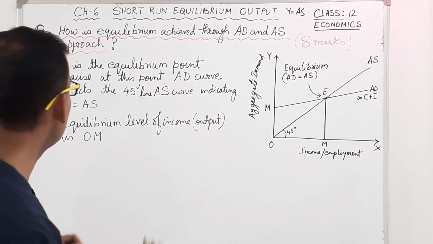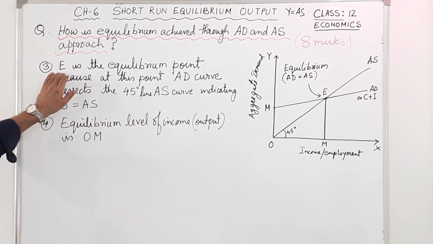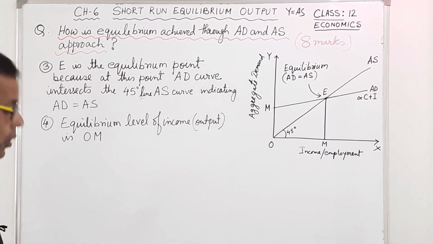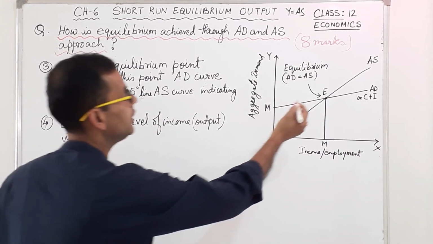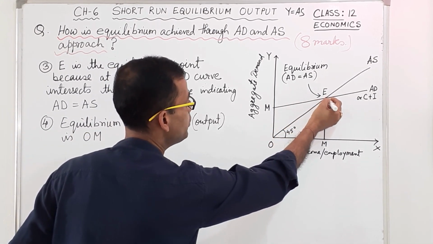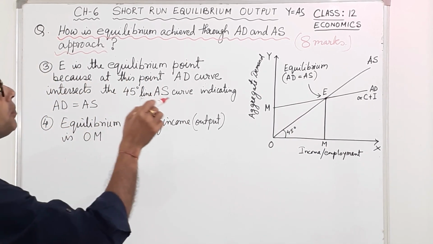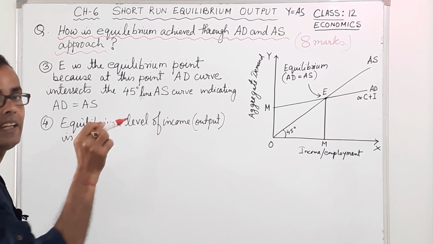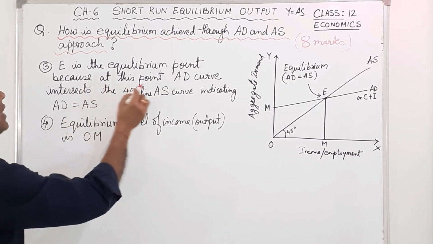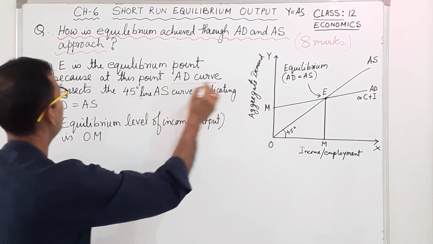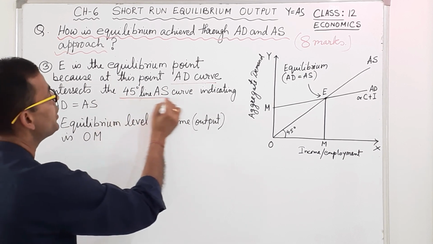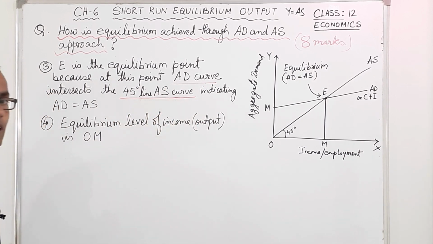Now the third point: E is the equilibrium point. You can see here, can you see this point? Equilibrium point E. Why? At this point AD and AS intersect each other, because at this point the AD curve intersects the 45-degree line, the AS curve.